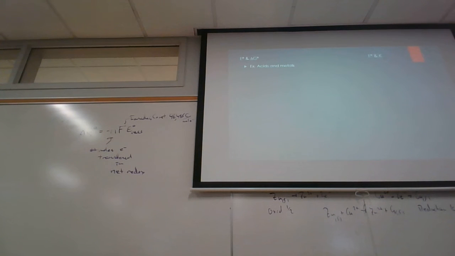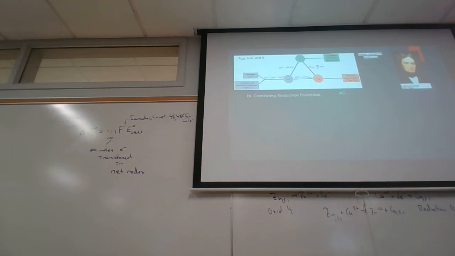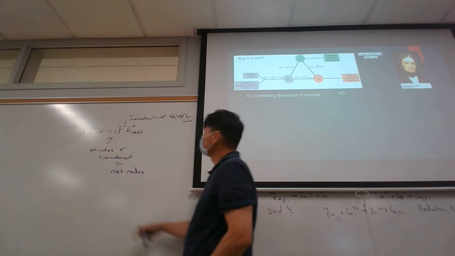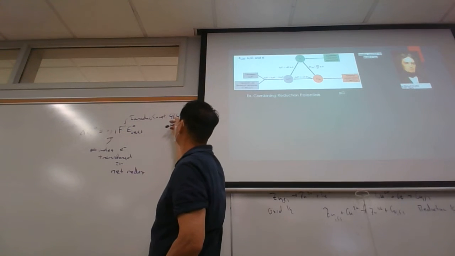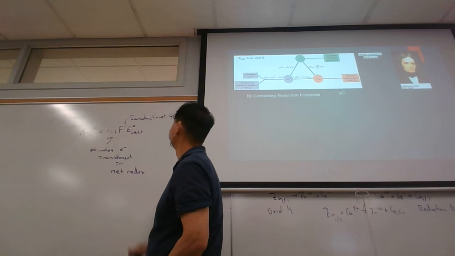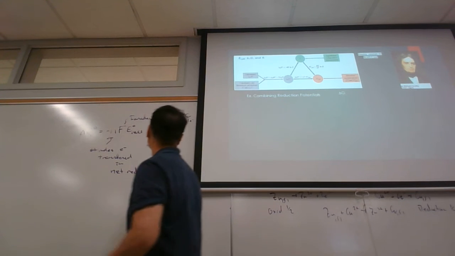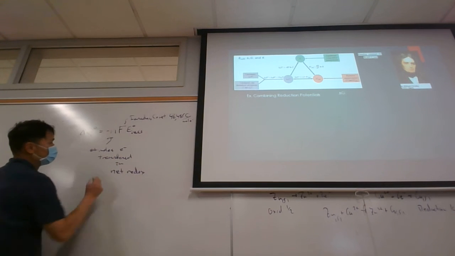In volts. So the units are going to be the Faraday, coulomb. Coulomb times a volt is a joule. And so we'll get joules per mole.